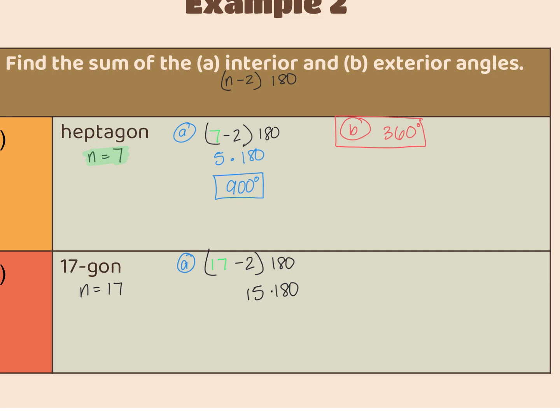If I multiply correctly, 2,700 degrees is the measure of my interior angles. So that's the measure of all the angles inside if I added them together. And then B, my exterior angles again is going to be 360 degrees. Okay, any polygon, the exterior measures are 360 degrees. Please don't forget that.